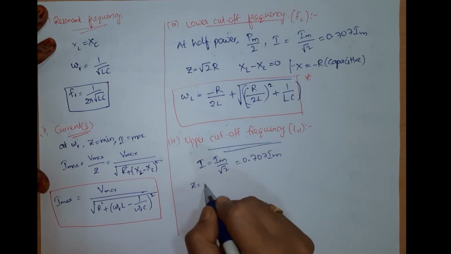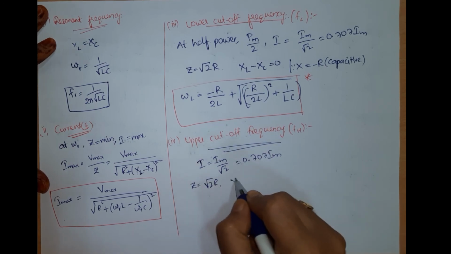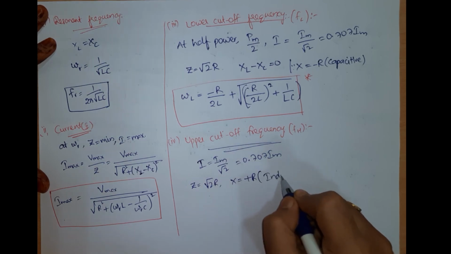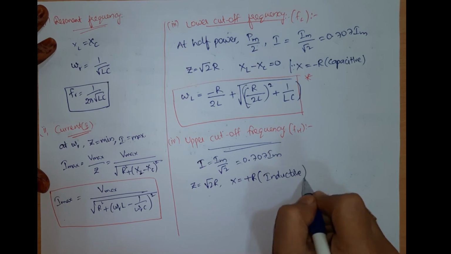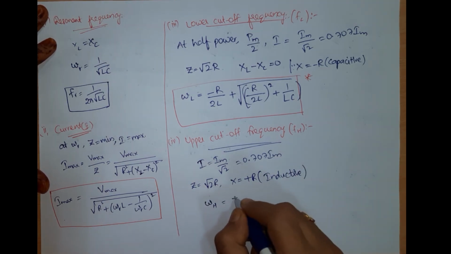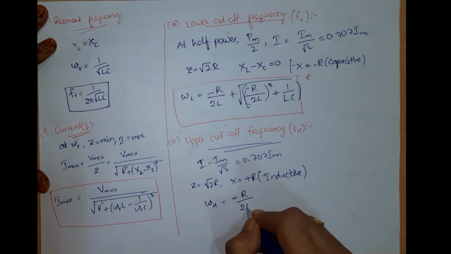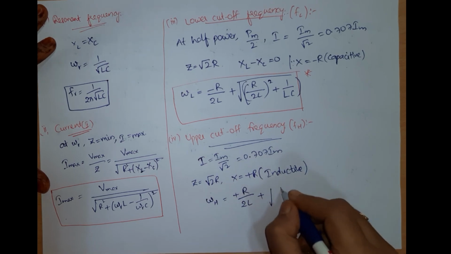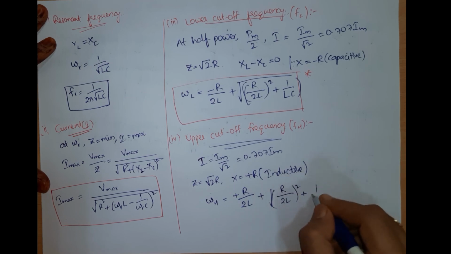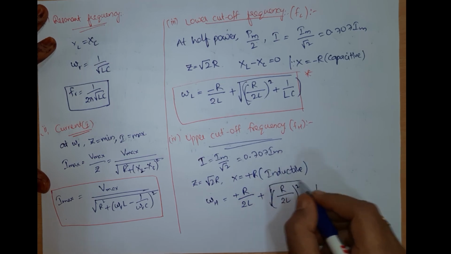Z will be the same, root 2 R, but here X will be plus R, as the circuit is inductive. So omega H will be plus R by 2L plus the square root of (R by 2L) squared plus 1 by LC.